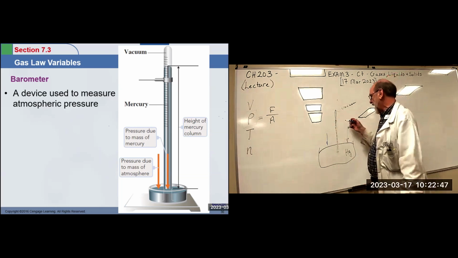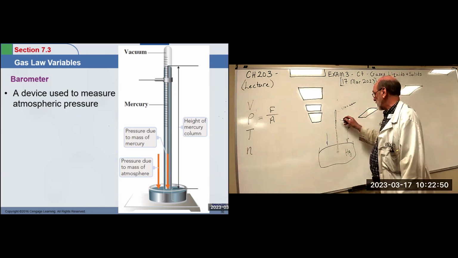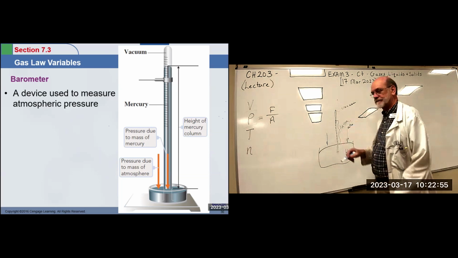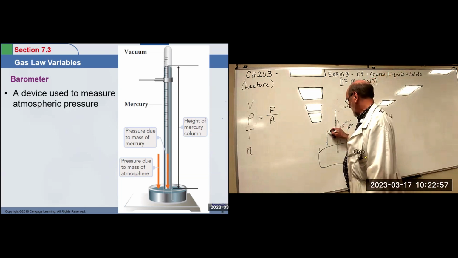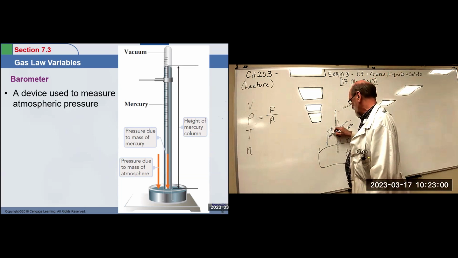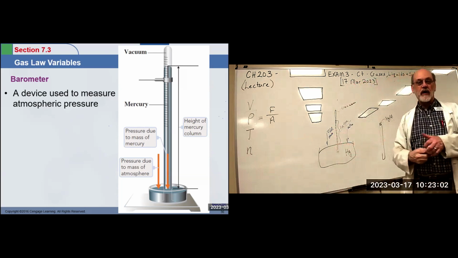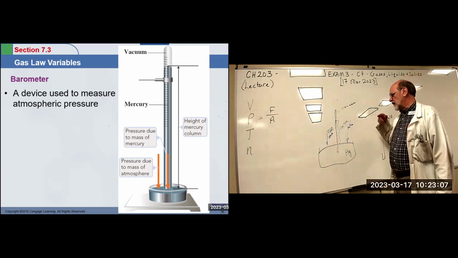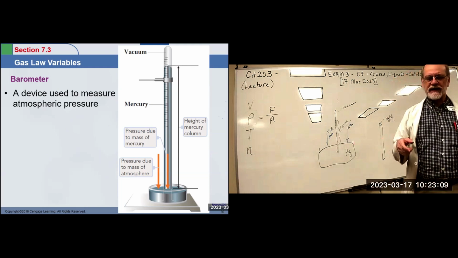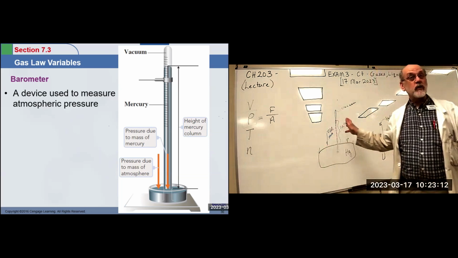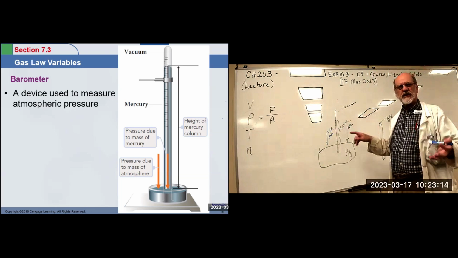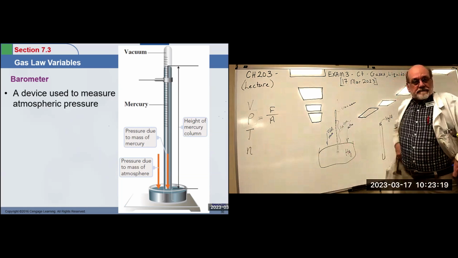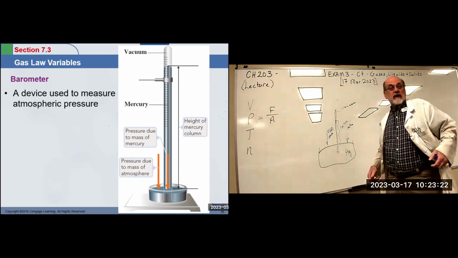So this difference at sea level is 1 atmosphere, and it's also 760 millimeters high. That's 1 atmosphere. Torricelli could have used any liquid. You can't use a solid because it won't conform to the shape of the vessel, but he could have used water.